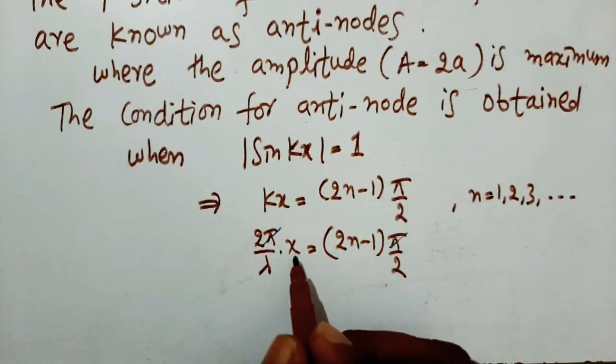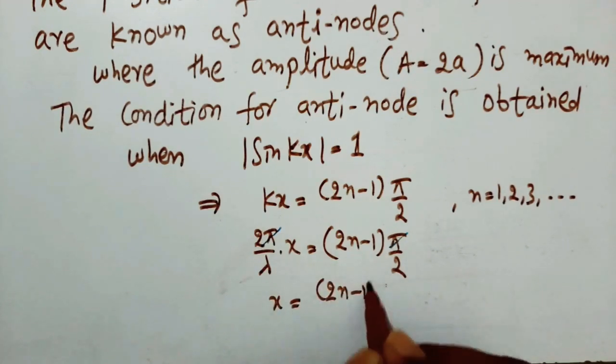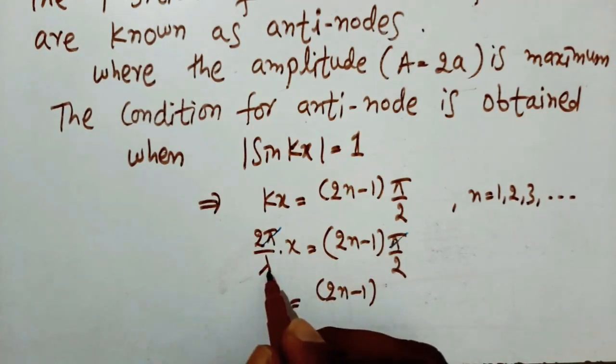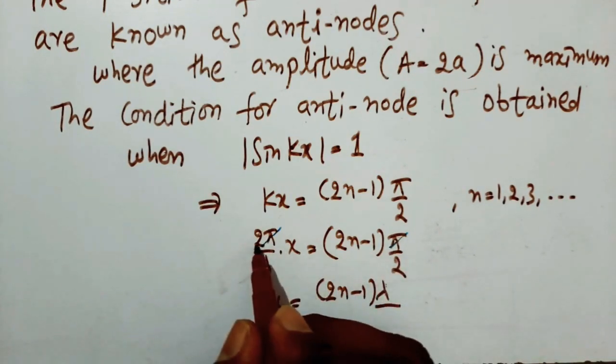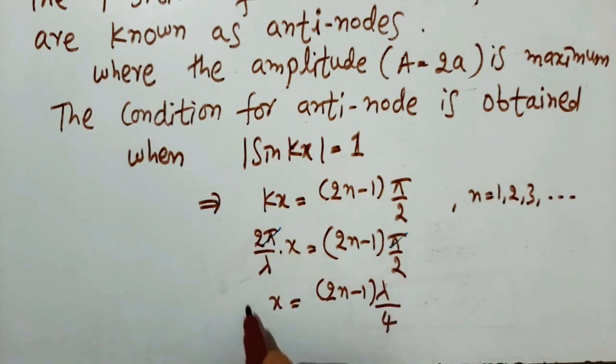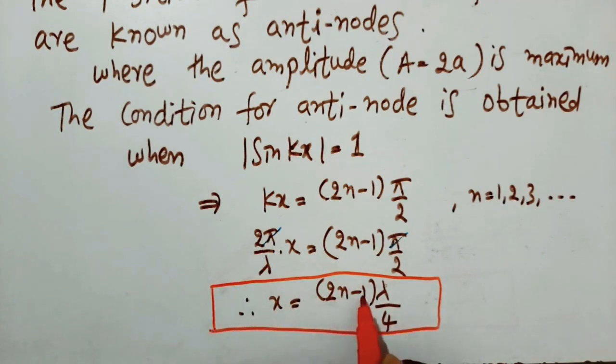From this, we can write x is equal to (2n minus 1) into lambda, taking the right side, that is lambda by 4. Therefore x is equal to (2n minus 1) lambda by 4, where n is equal to 1, 2, 3, and so on.